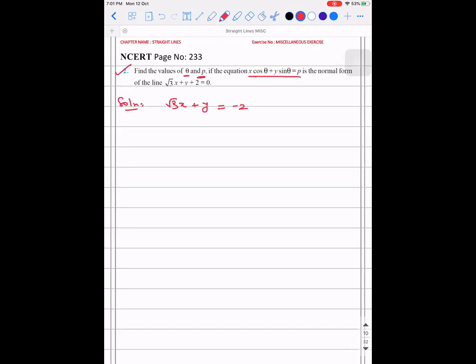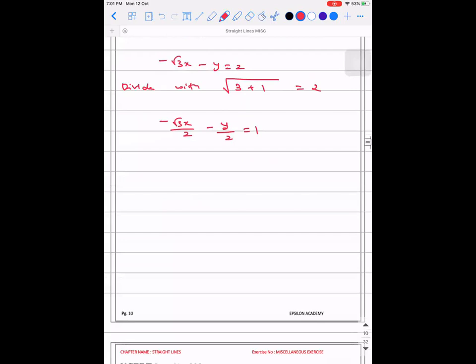So you need to ensure that the constant on the right hand side is always positive. Okay. So divide with what? Divide with root of 3 plus 1. That is 2. So minus root 3x divided by 2 minus y by 2 is equal to 1.